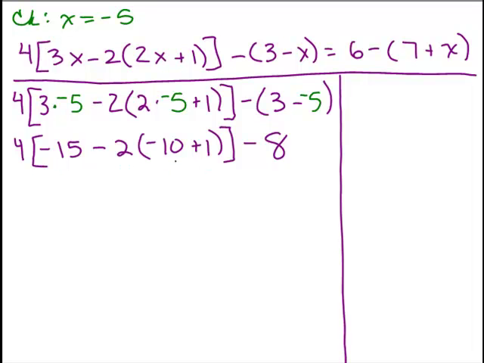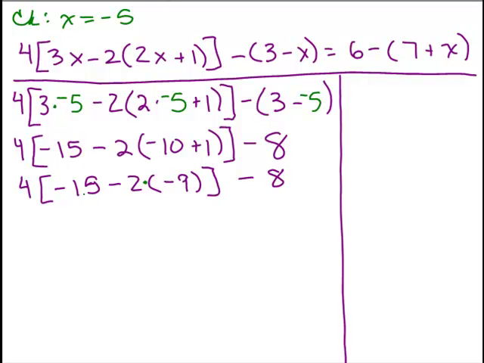All right, we still have to simplify within these brackets by doing inside parentheses. -10 plus 1 is a -9, so we get a -9 in parentheses. Keep copying. And now inside the brackets, I have this multiplication.